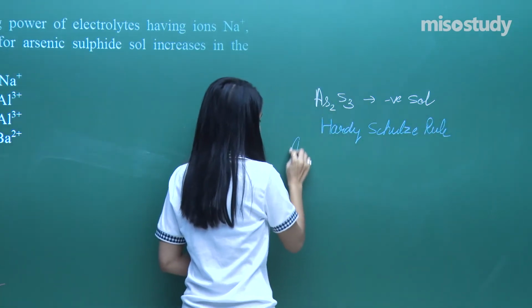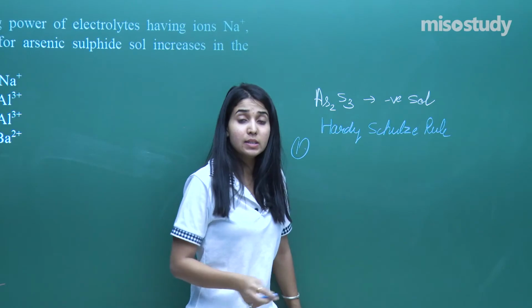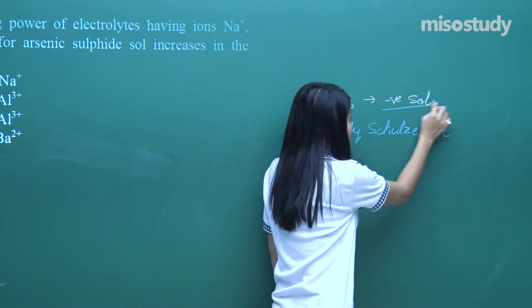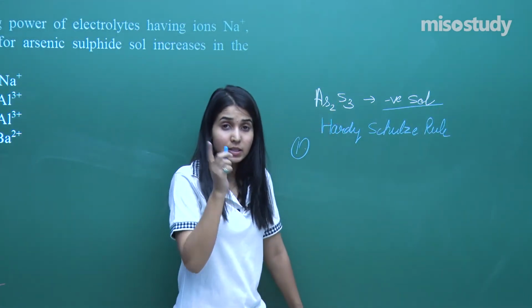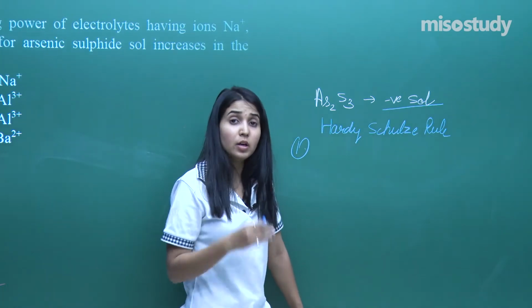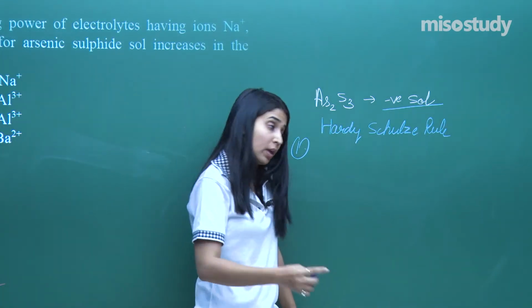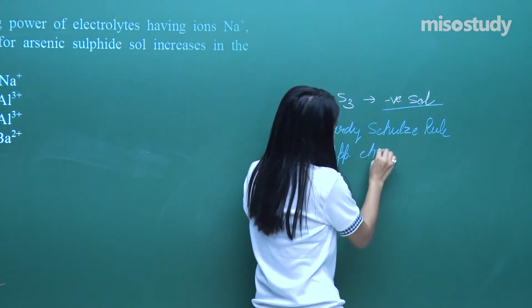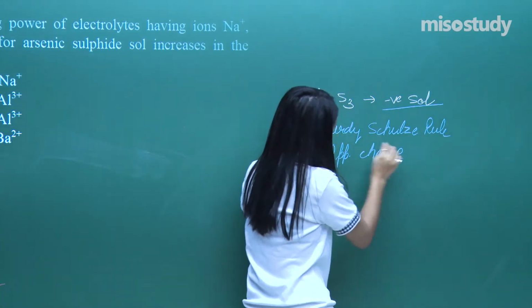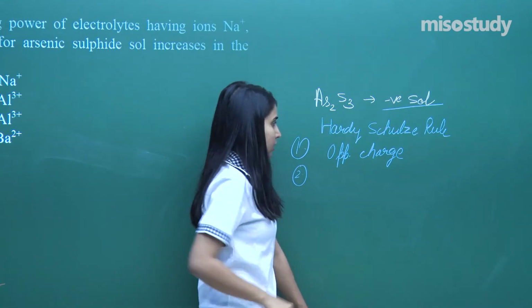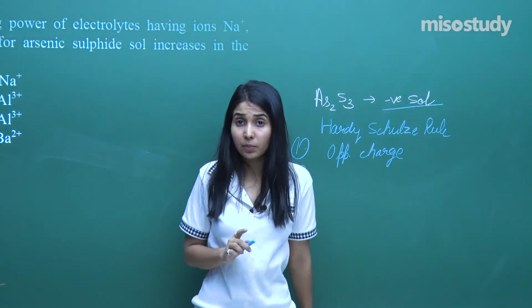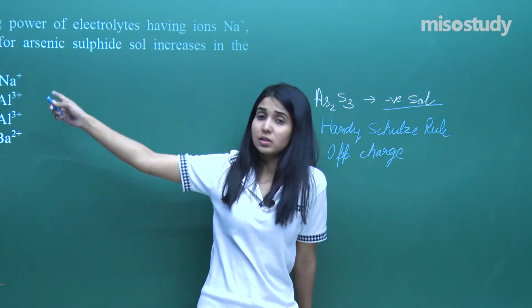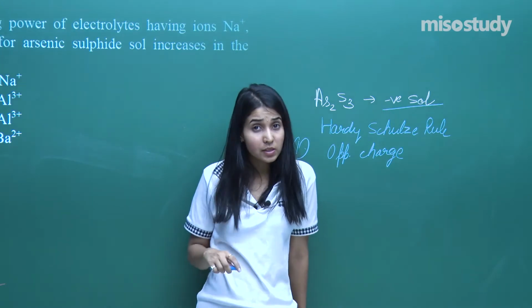What does it say? The first point is that the particular Sol would interact with the oppositely charged particle, right? So the first thing is opposite charge. That means I need a positive system. Do I have a positive system? Well, of course, all the three systems they have provided to me are positive systems.